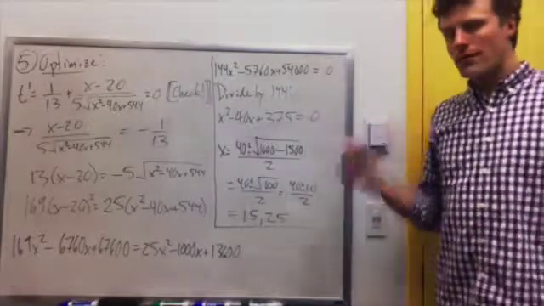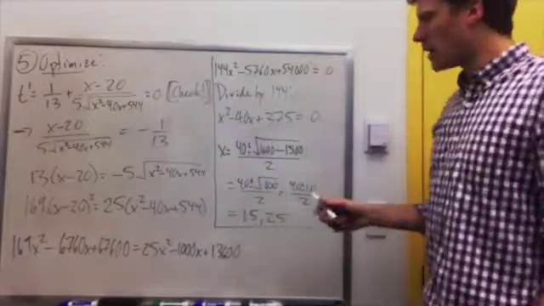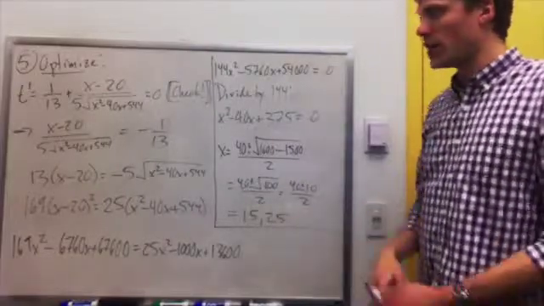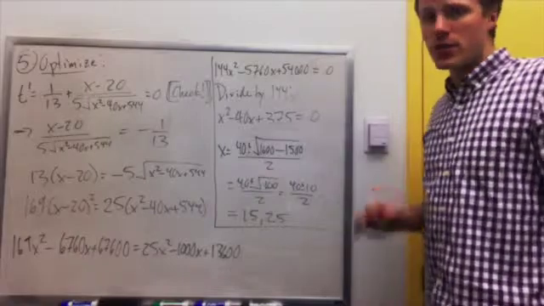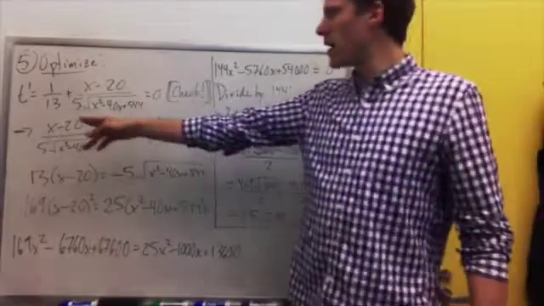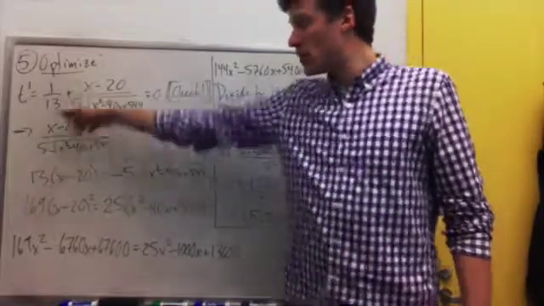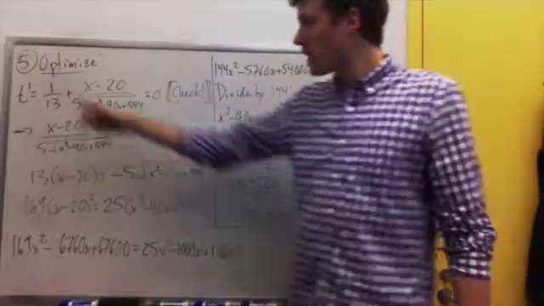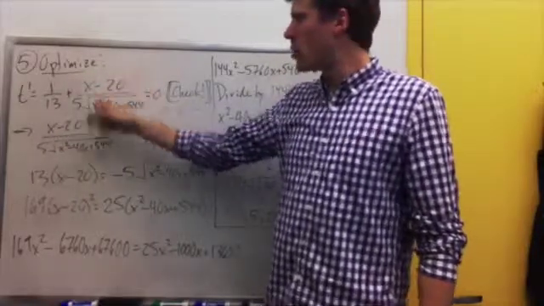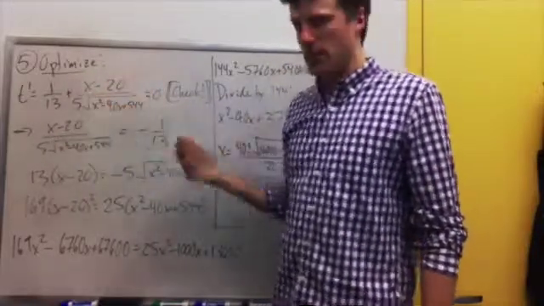Now, I've already said that our domain for x is between 0 and 20, so 25 is out. But you can also check fairly quickly that 25 doesn't make sense here. Why? Because if I plug it back into this original expression for t prime, I get 1/13 plus 25 minus 20, which is 5, over 5 times the square root of something.